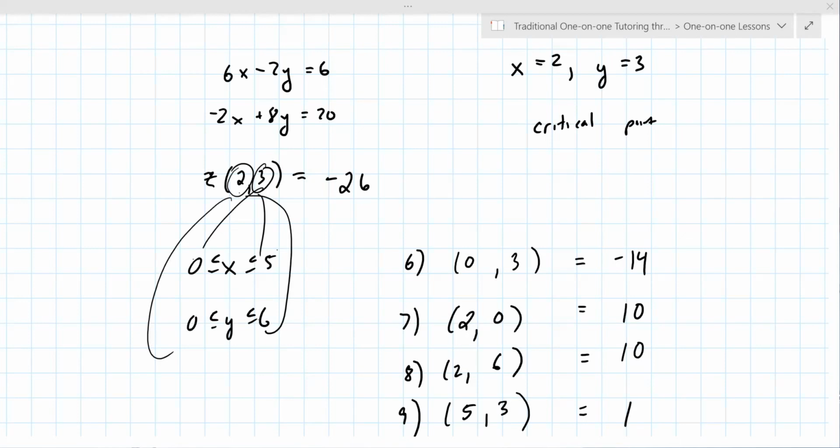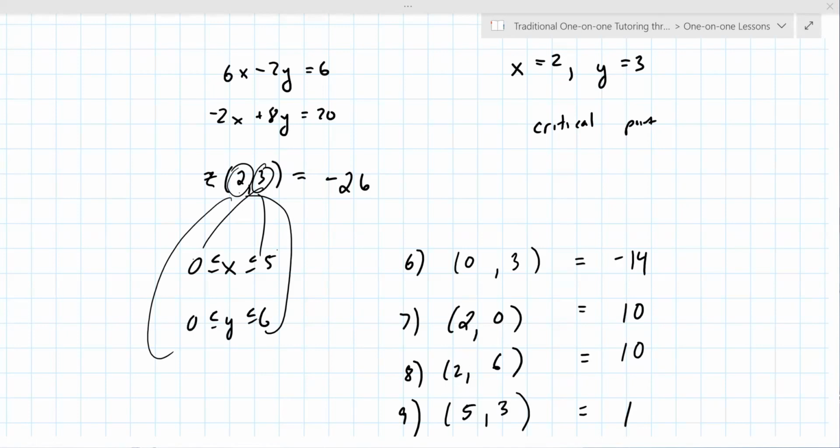Okay, so for 7 and 8, it says 2 is right. So for 7, it says 2 is right. I'm sorry, 2 is wrong, 0 is right, 10 is wrong. Then for 8, it says 2 is right, 10 is wrong.